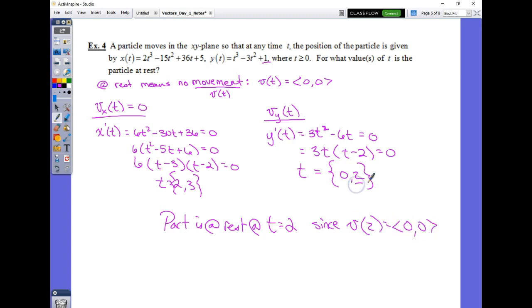Notice that 2 is the number in both of those. At t equals 3, y would not equal 0, and at t equals 0, x would not equal 0.